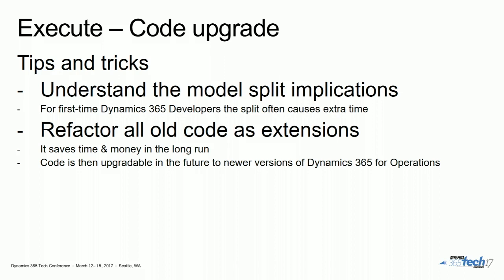It's just not possible. It requires a much broader amount of knowledge than a tool can do. Extensions, on the other hand, don't have that problem. If everything is extensions, you can just change the standard version of the code and the custom stuff will keep running the same as it was.